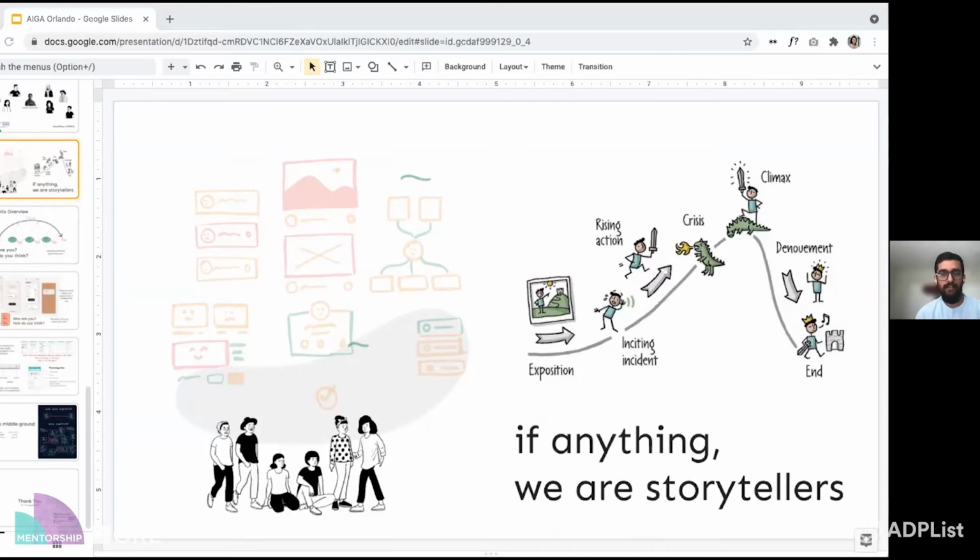It's just a way of putting things together in an interesting manner, where you have a start to your story, a lot of drama in between, and then a happy ending or a sad ending, and hopefully a happy ending with respect to portfolios and case studies. So it's quite important in the way it depicts your work, and also creates interest for someone who's looking at your portfolio.